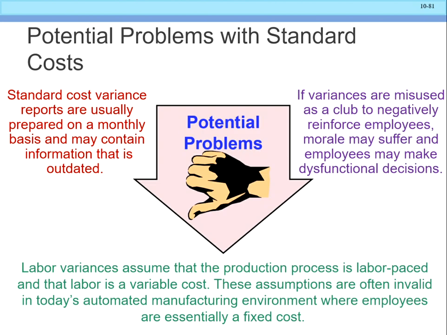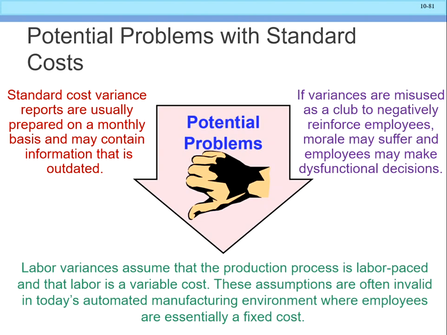If you punish them for taking too much time in producing a product because their labor variances are unfavorable, employees will do it faster, but they may do it with a lot of mistakes, and that can be a bigger problem because it compromises quality. So if we use variances to punish employees, we may also get a wrong outcome in the end.